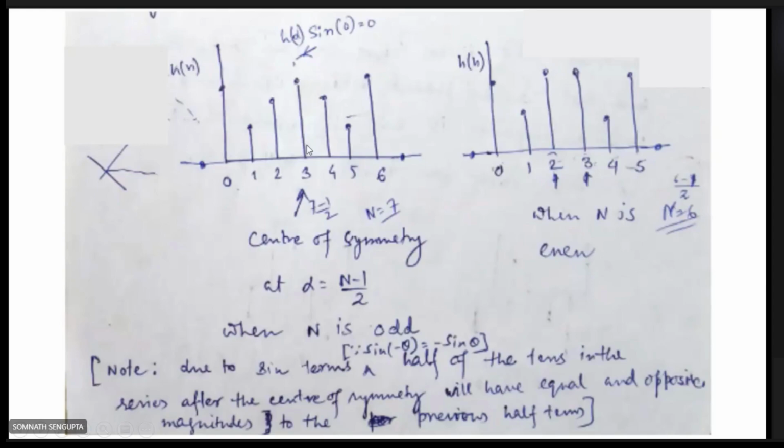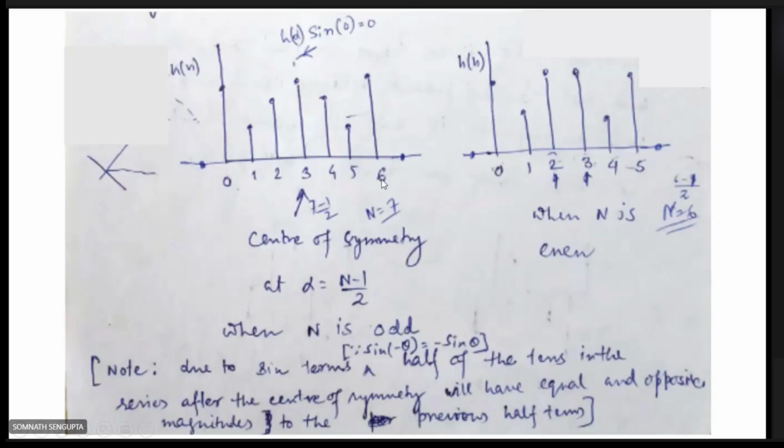Now there are two cases: when n is odd and when n is even. So when n is odd, let us say n is equal to 7. This number of samples n is equal to 7, so hn ranges from n is equal to 0 to n minus 1, that is 6.